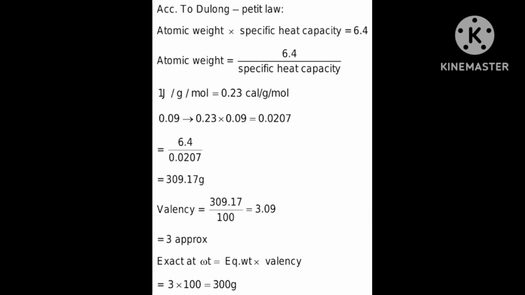What is a molecular formula? Just now I told you. It is the actual formula of a compound which gives the actual number of atoms of various elements present in one molecule of the compound. That is, the molecular formula of glucose is C6H12O6.